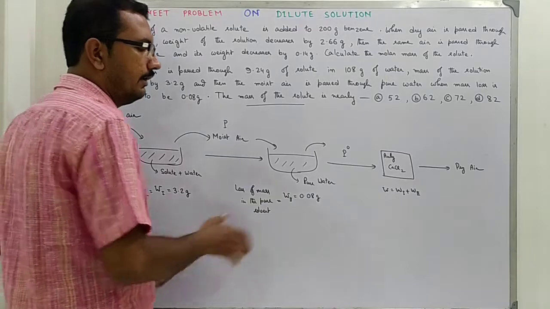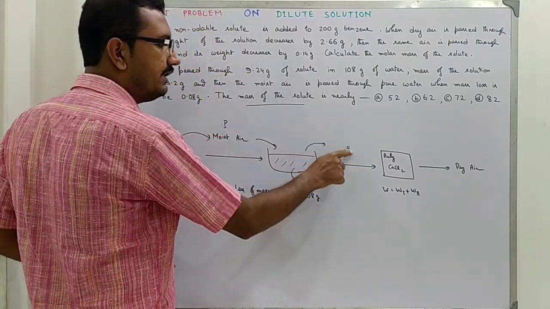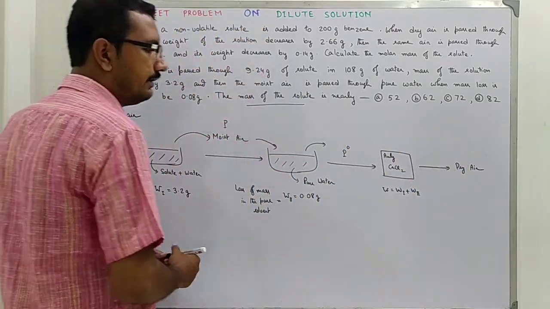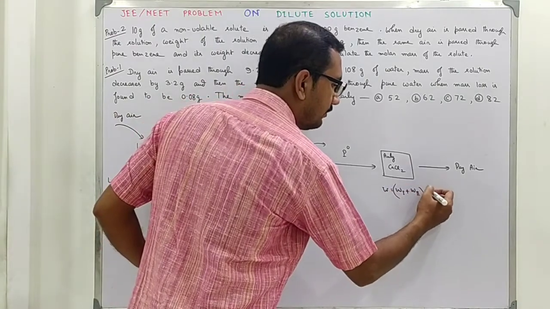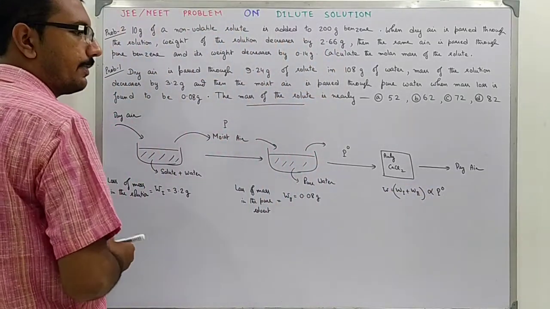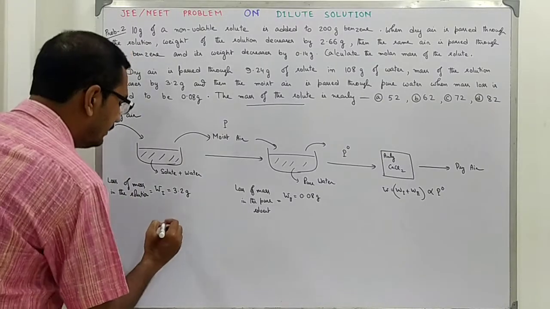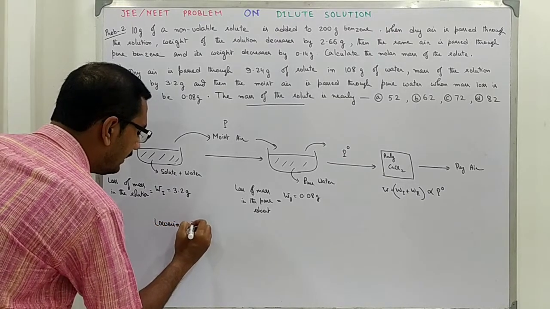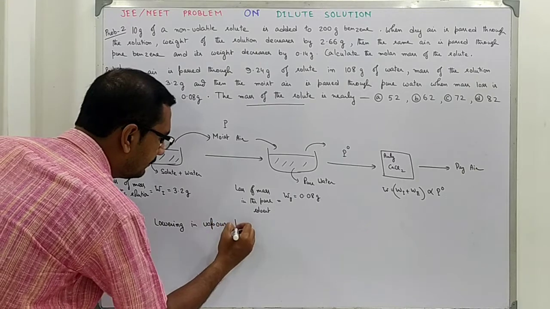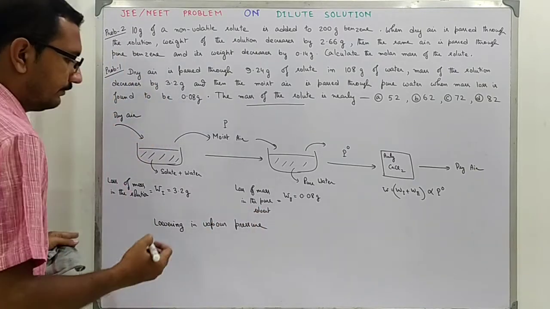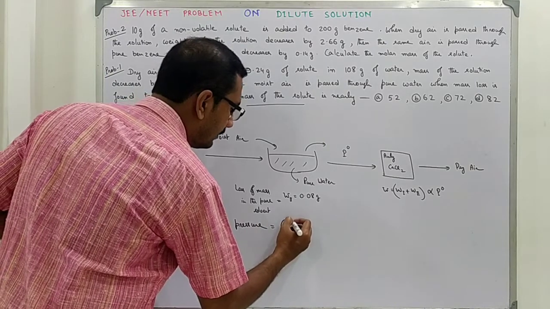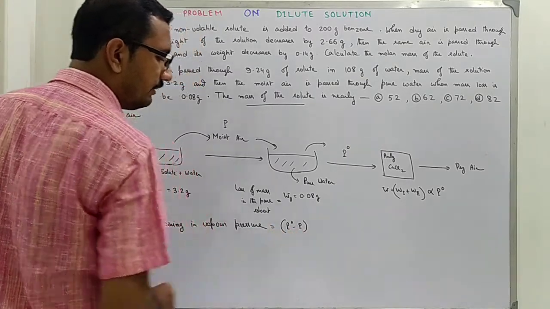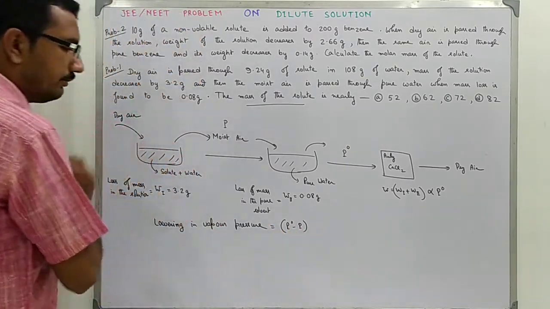And see, the air having partial pressure of moisture P0 enters here, and when it comes out it gives dry air. So we can say that this W1 plus W2 is proportional to P0, and the lowering in vapor pressure, it is P0 minus P, where P0 is the vapor pressure of the pure solvent, and P is the vapor pressure of the solution containing the non-volatile solute.